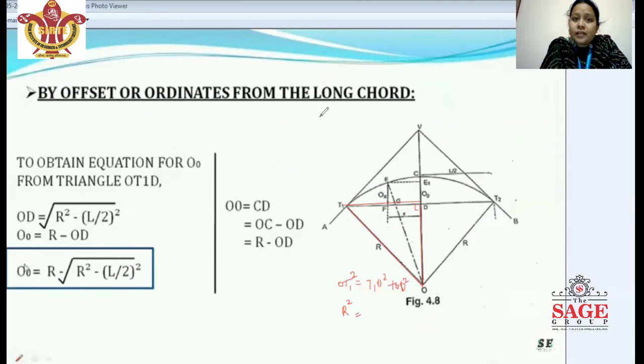Now in the previous slide we can see the distance between T1 to T2 is denoted by capital L. Sorry, we use the pen.